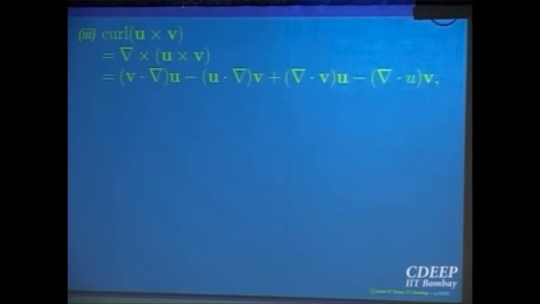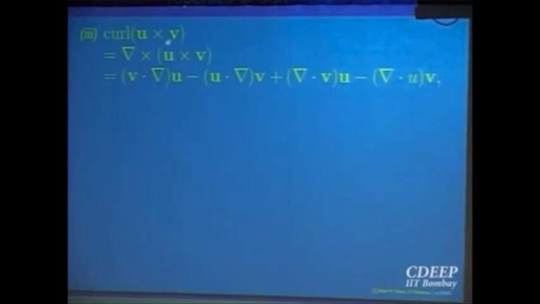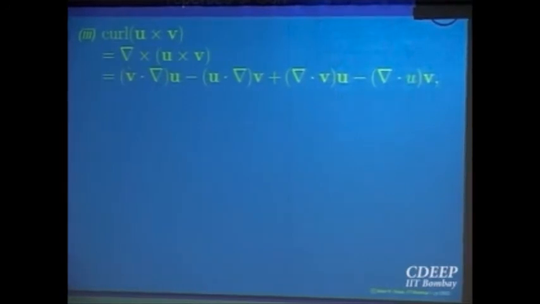You would expect curl of u cross v to have something like the ordinary one, differentiating one function at a time and keeping the other, so a sum of two terms or three terms or something, but it totally defies that conception. So one should be careful as far as curl is concerned.